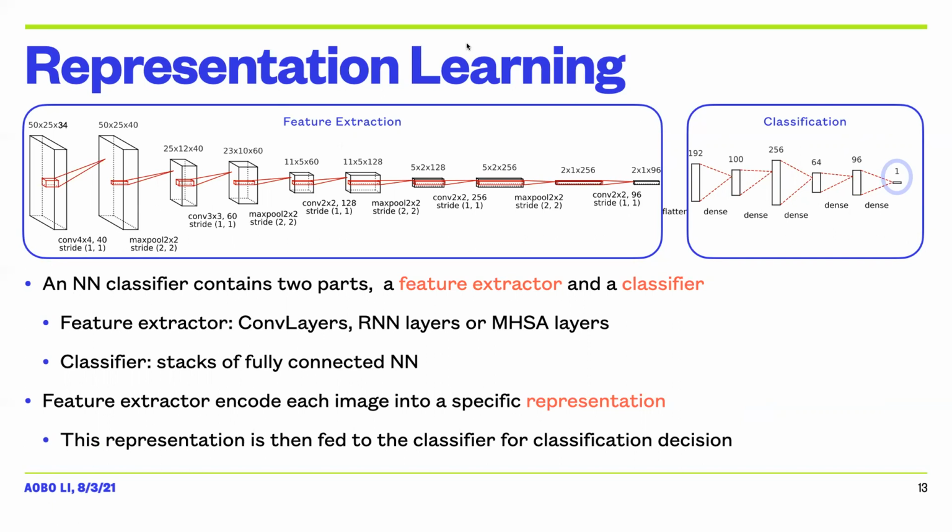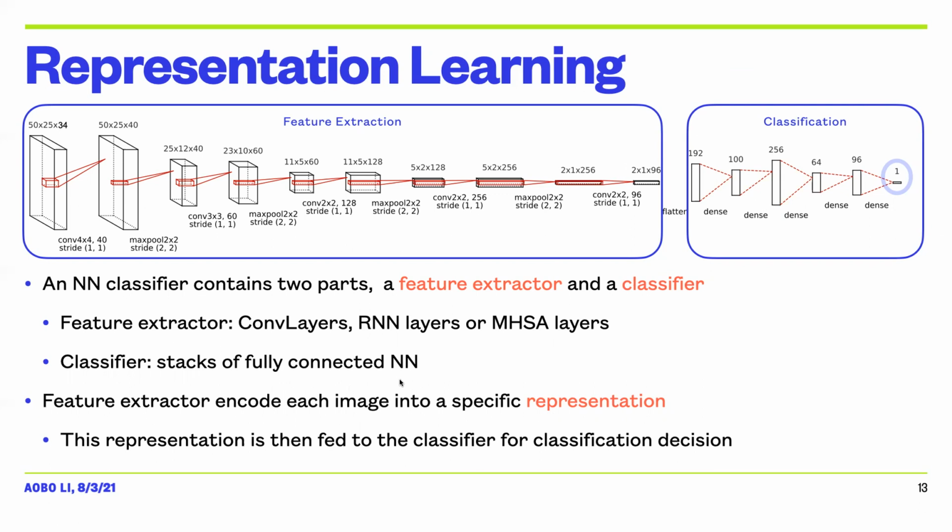For example, when we talk about recurrent neural networks, our feature extractor will be the RNN layer or the multi-head self-attention layer we discussed in modules 3 and 4. And the classifier part is basically just a stack of fully connected neural networks.